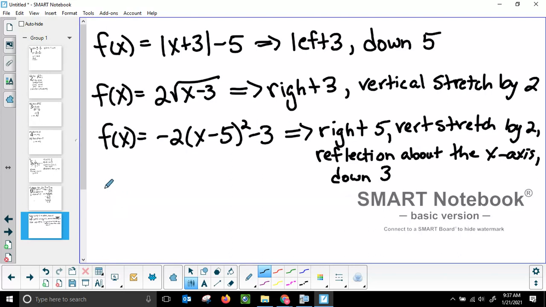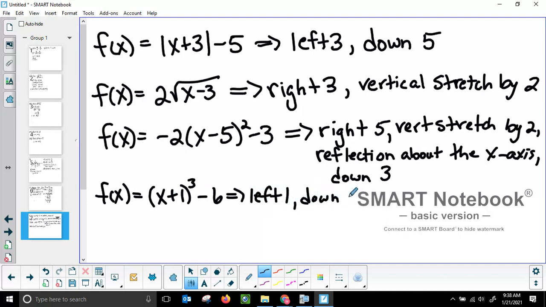D, we have f of x is equal to x plus 1 quantity cubed minus 6. Well, the plus 1 in here would go left 1, and the minus 6 outside would go down 6. And finally, E, f of x is equal to the greatest integer function of 2x. That's our step function.